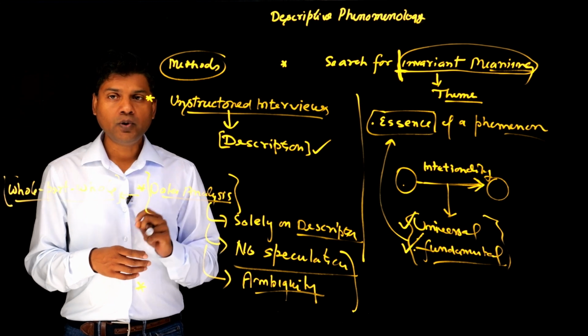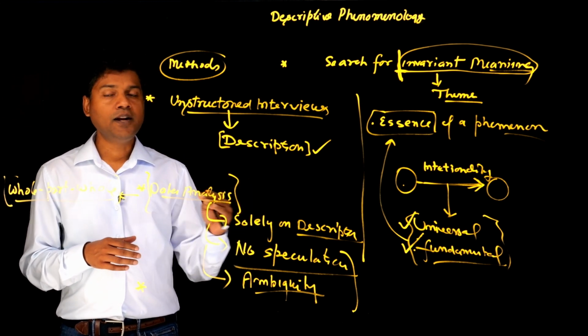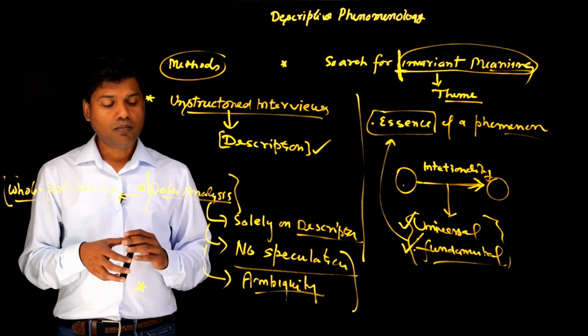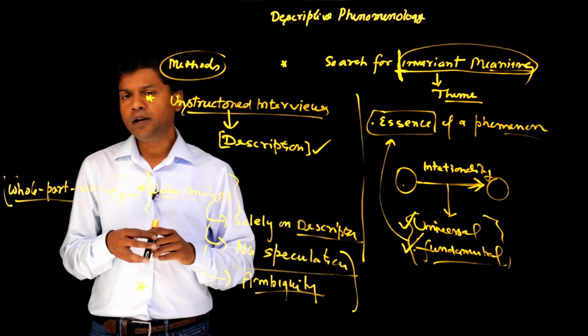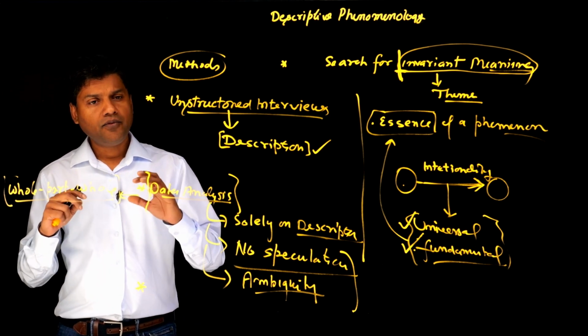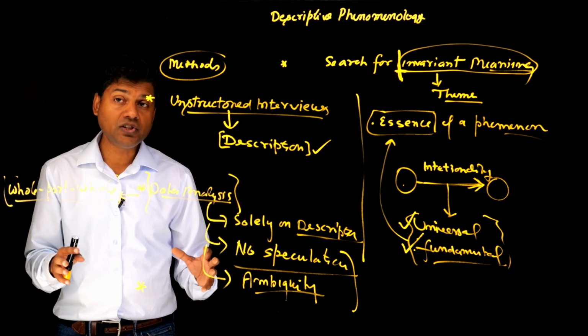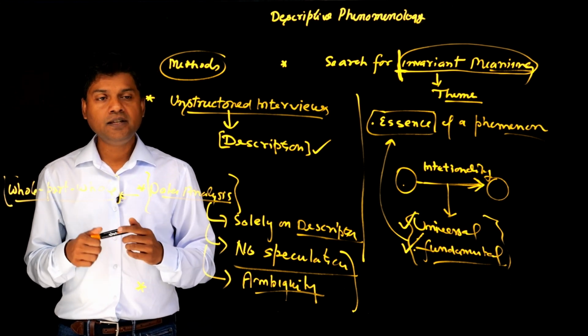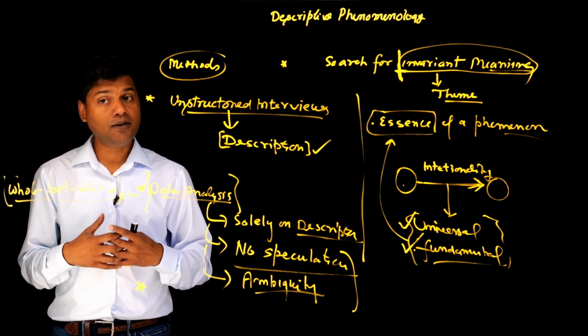In our next video, I'm going to talk about another methodology, which is Max van Manen's hermeneutic phenomenology. And remember, phenomenology is a very diverse, rich tradition. So you will see 5-6 types of phenomenological research design methodologies.